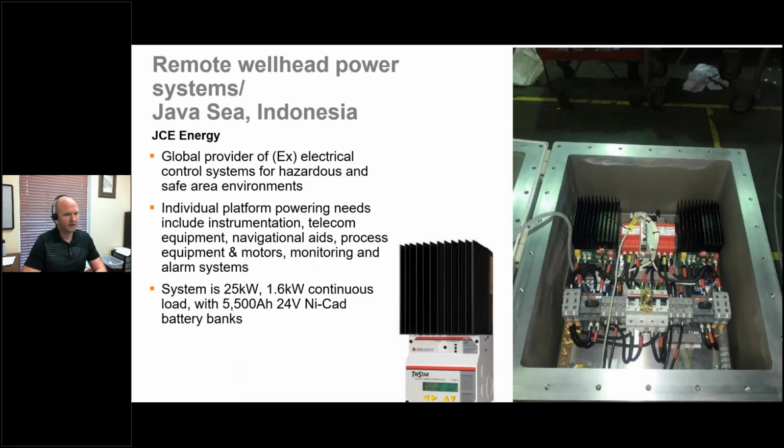And then lastly, another JCE Energy application, and this is a hazardous location installation as well. You can see very tight constraints there. One of the interesting things when Morningstar gets involved in projects of these types is we have a really high quality support team and applications engineering team.